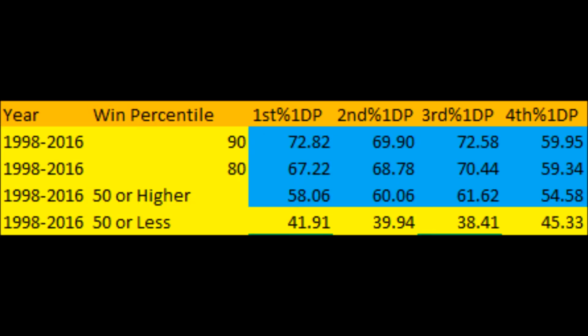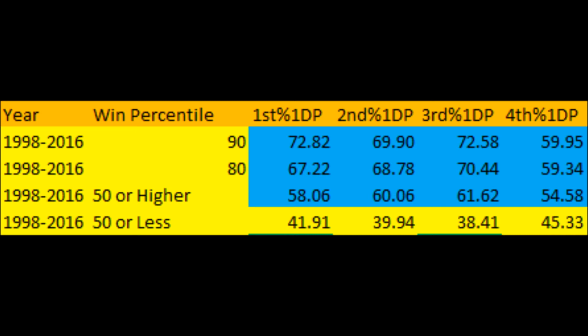Starting out with the first graph in front of you, this is from offensive split data from 1998 to 2016. This deals with the average conversion rate compared to every single NFL team during that time span, and their wins.